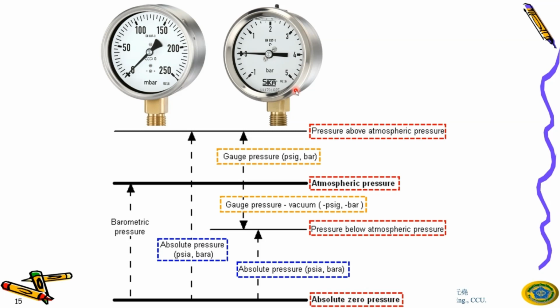Okay. You might say, well, Professor, what is barometric pressure? Barometric pressure, we call it the atmospheric pressure. Okay, this is a special term, so you don't need to remember this.